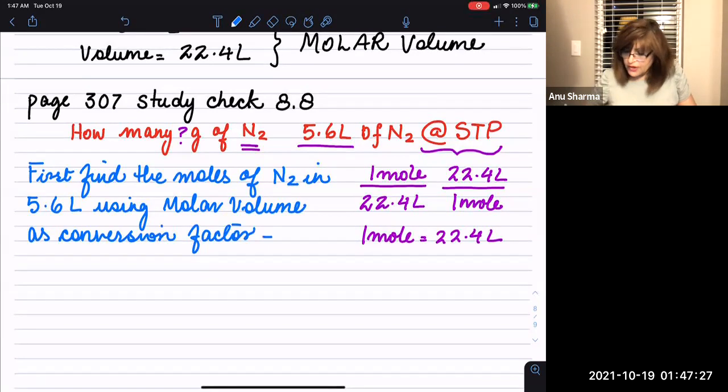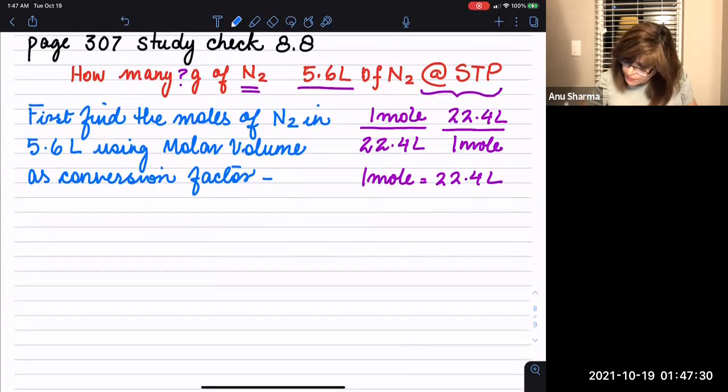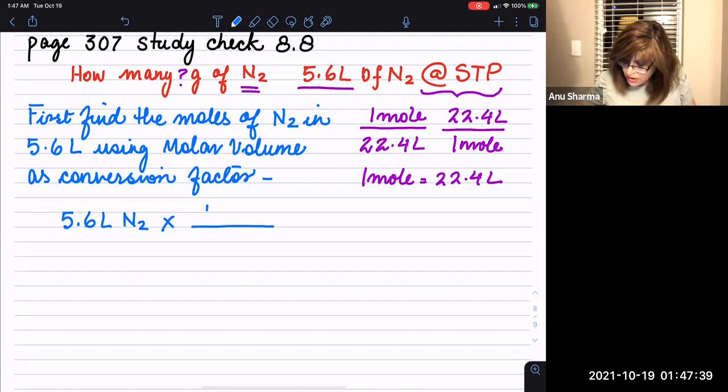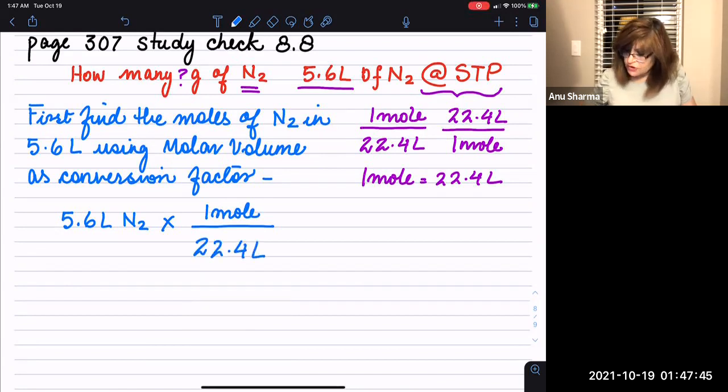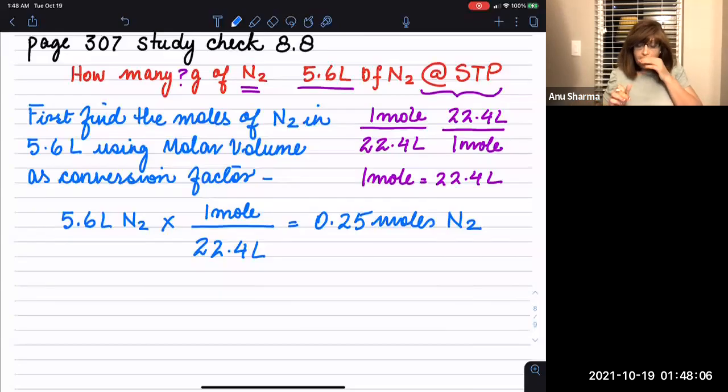So you are going to put 5.6 liters of nitrogen gas multiplied by 1 mole of nitrogen over 22.4 liters. Let's get the moles of nitrogen gas: 5.6 divided by 22.4 gives you 0.25 moles of nitrogen.